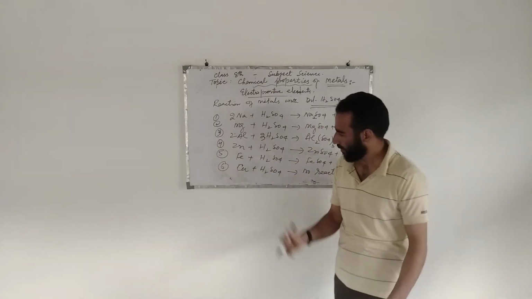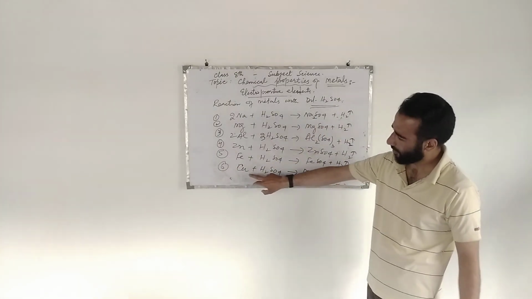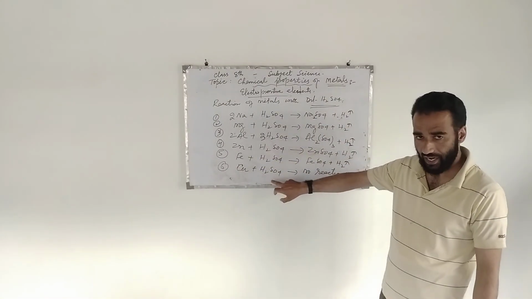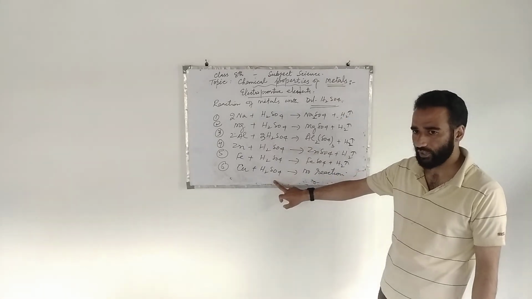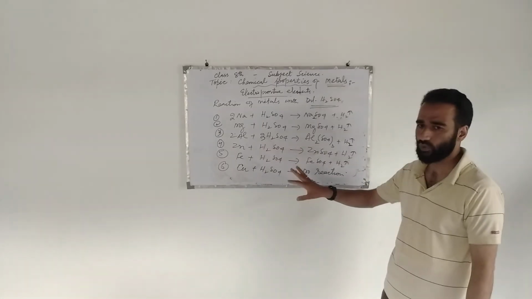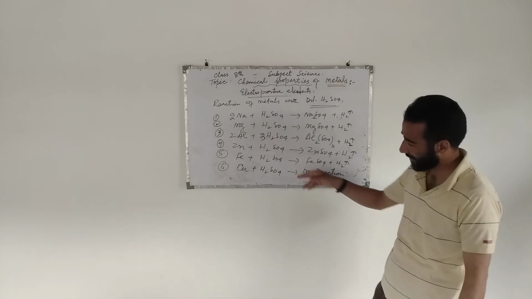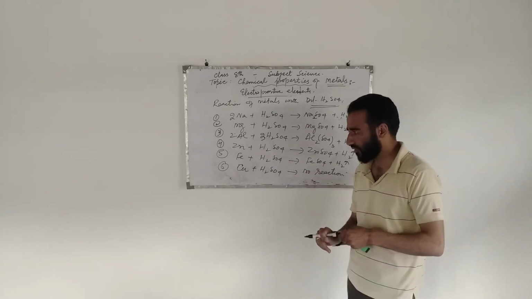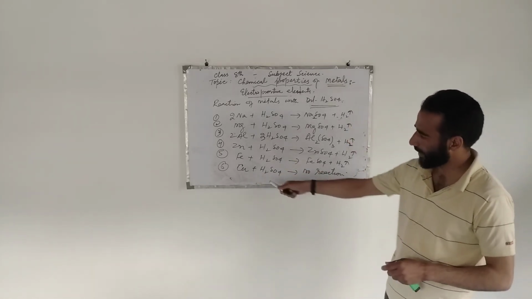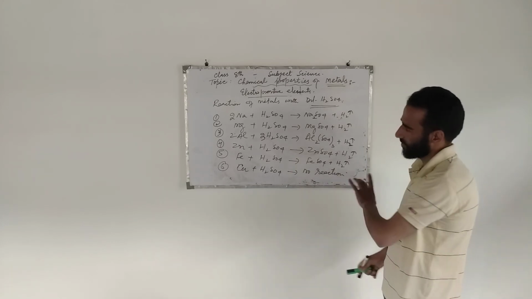As we have mentioned earlier, when we combine copper with dilute hydrochloric acid, no reaction takes place. And in this case, when we combine copper with dilute H2SO4, no reaction takes place.